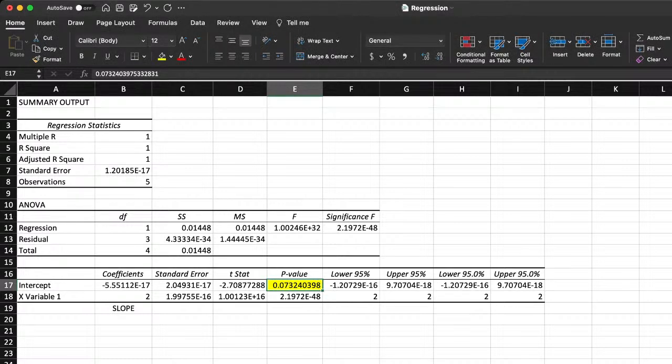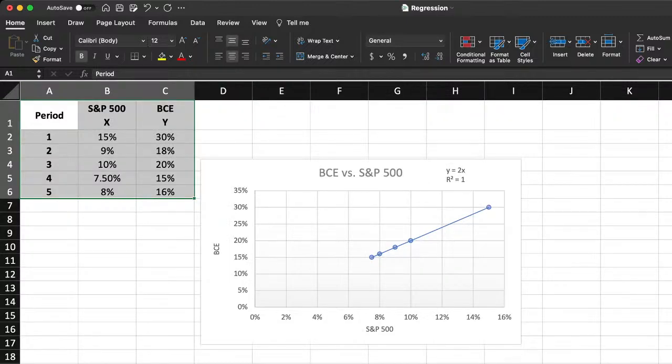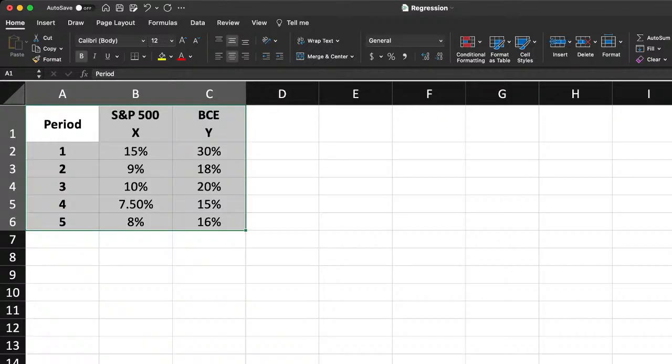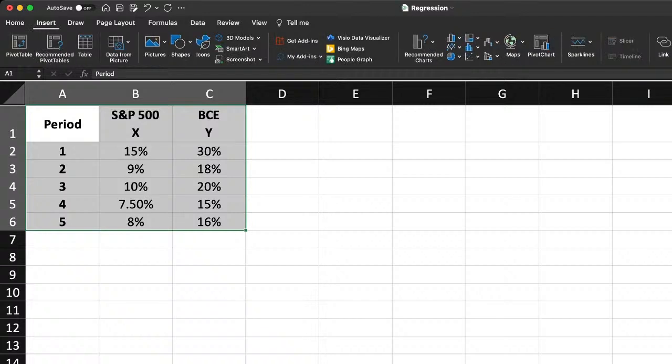Now, what you're probably more interested in is getting this chart. So how do I get this chart? I have to make a chart. The way that I do that, why am I not remembering? It's not insert.